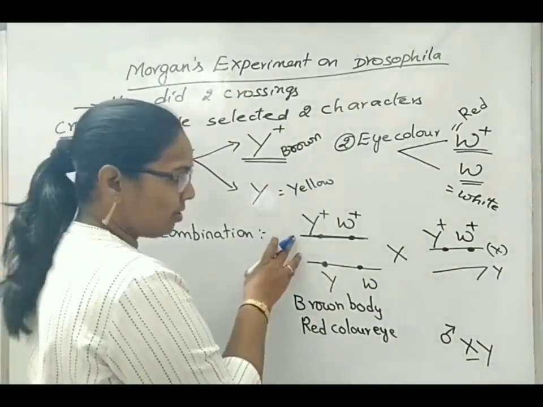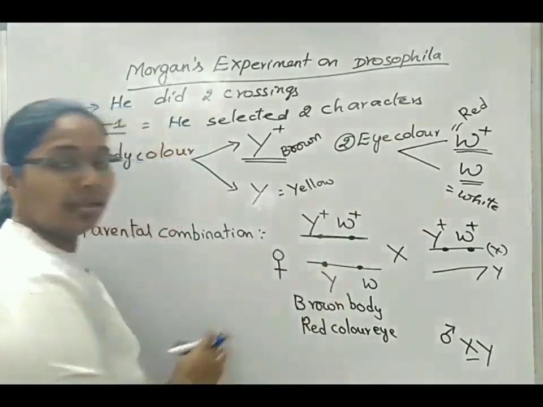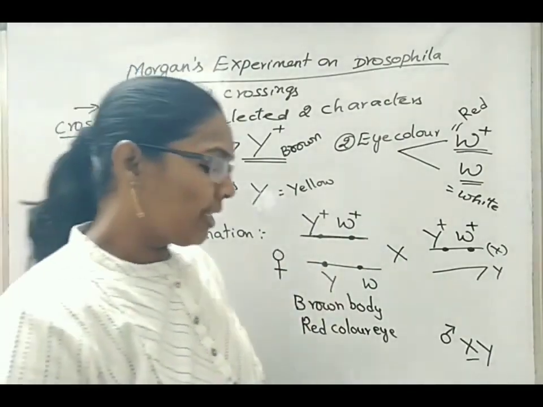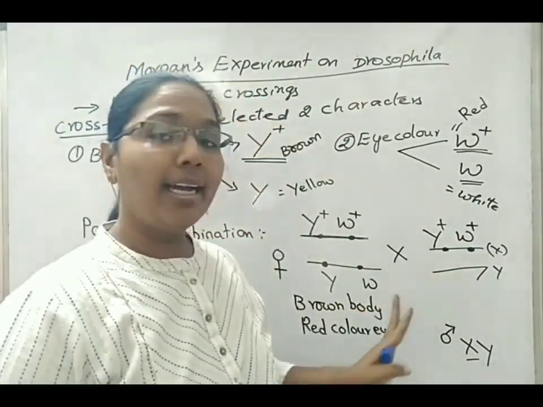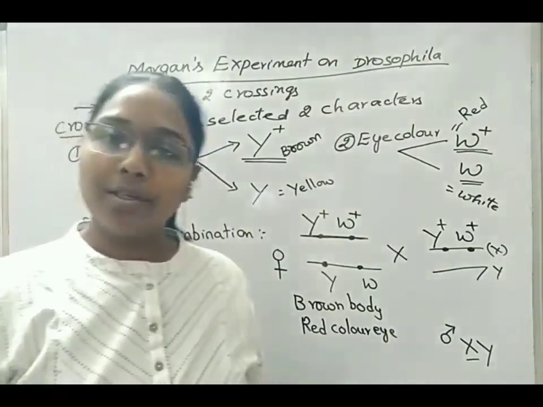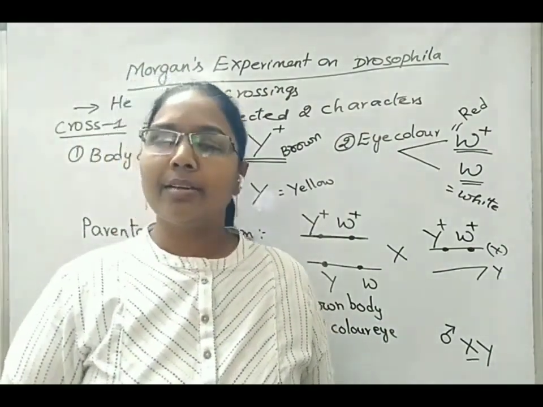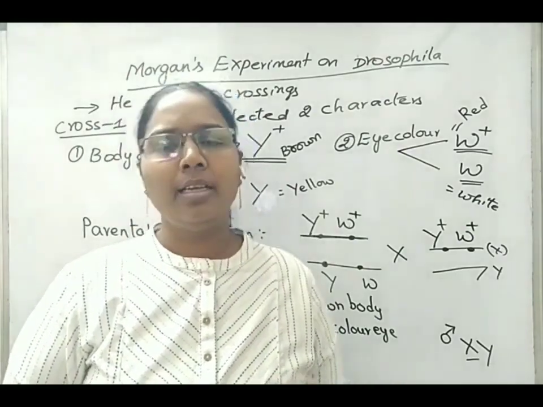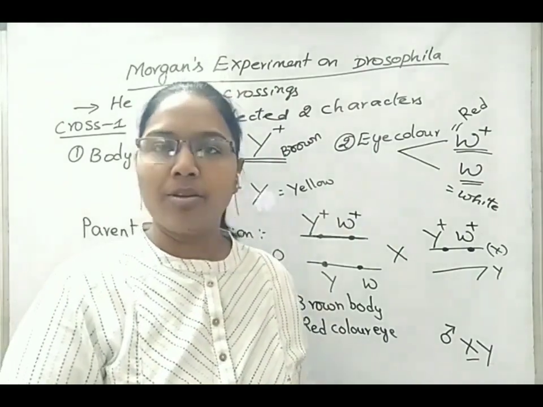Morgan has done a cross here like this, and then he obtained some different types. Before starting his experiment to obtain white-eyed male Drosophila, Morgan also sprinkled many types of mutagens that are responsible for causing mutations. He did not expect a mutation only in male or female separately.